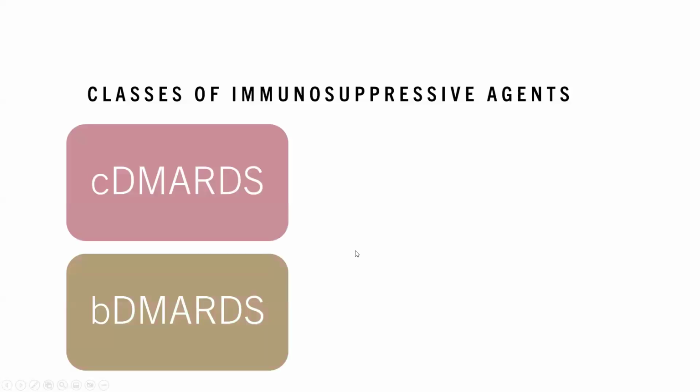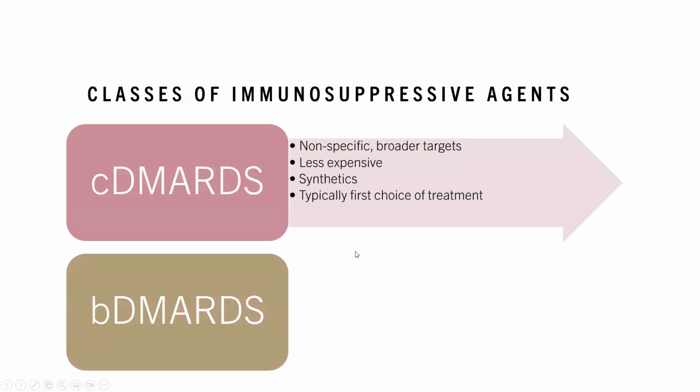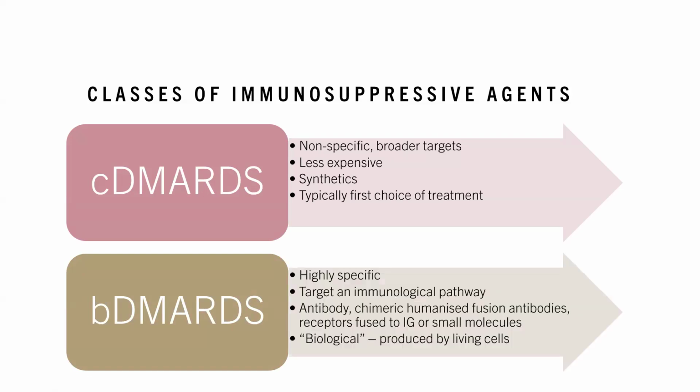So the difference between them generally is that conventional DMARDs are very non-specific. They target the immune response quite broadly. They're generally a lot cheaper. They're generally synthetic drugs, and they are normally used as an introductory therapy or first choice of treatment before moving on to biologics, particularly when you're looking at using immune suppressors for autoimmune disease.